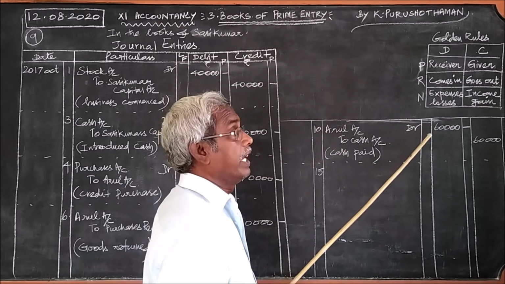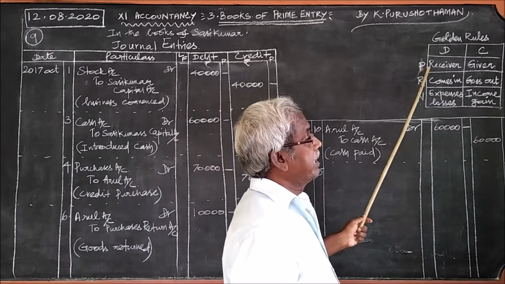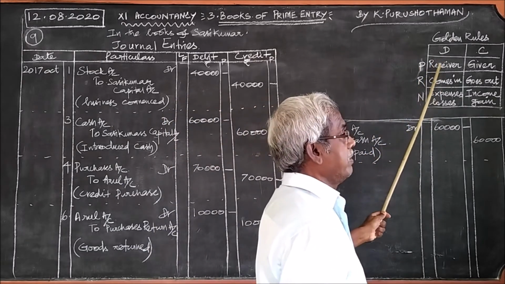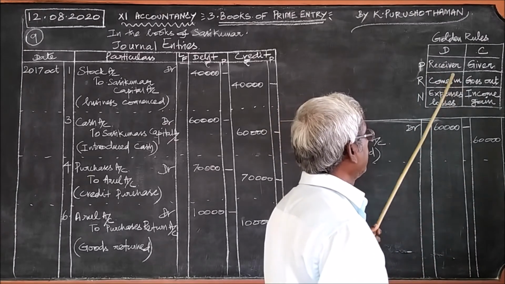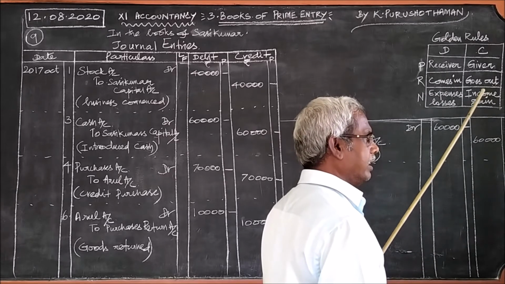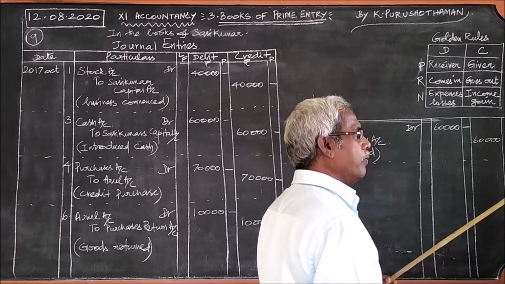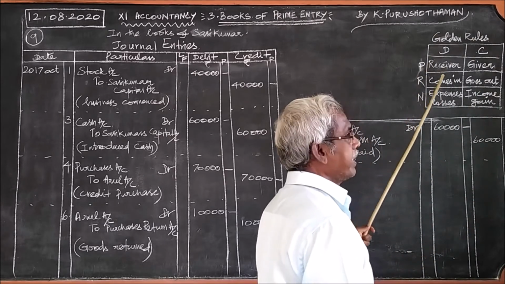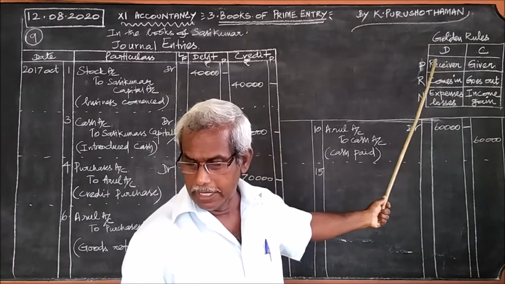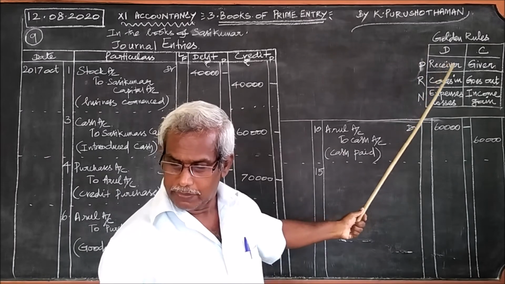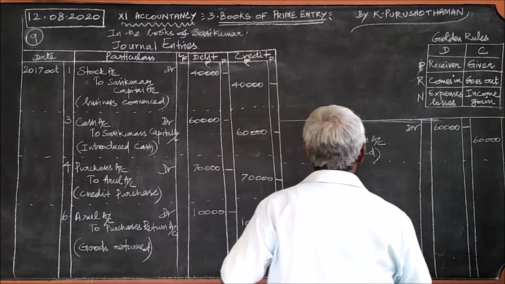We may receive the cash, or when we sell the goods on credit, someone will be the receiver. The person to whom we are selling it is the receiver. Here this is the credit sales. Who is the receiver there? Chandar is the receiver. Therefore, Chandar account debit.